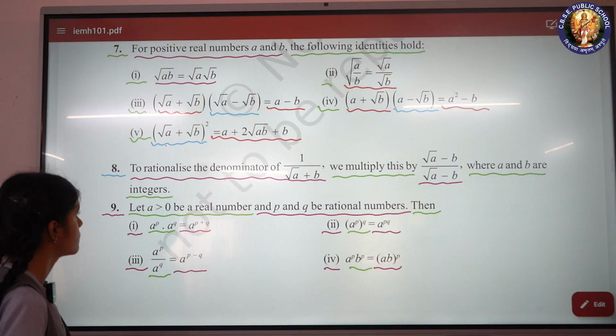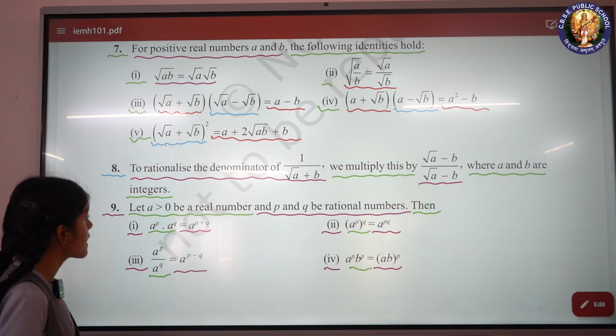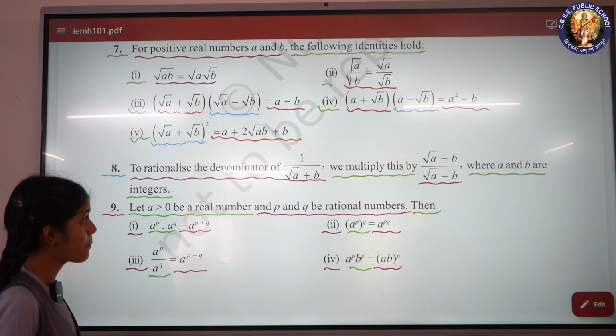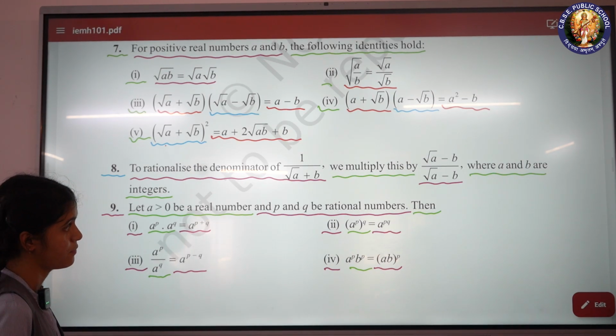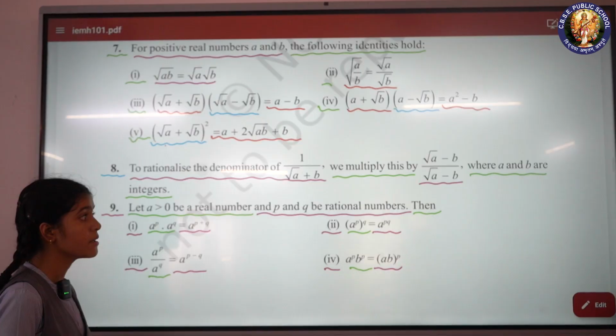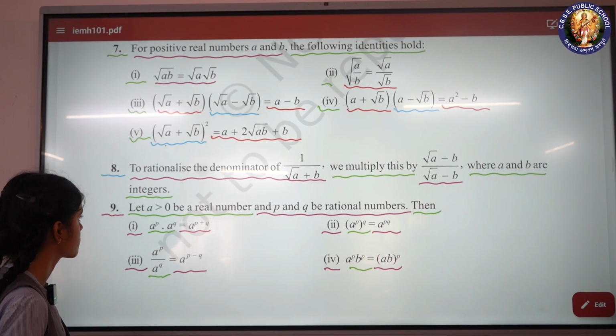Eighth, to rationalize the denominator of 1 by root a plus b, we multiply this by root a minus b by root a minus b, where a and b are integers.